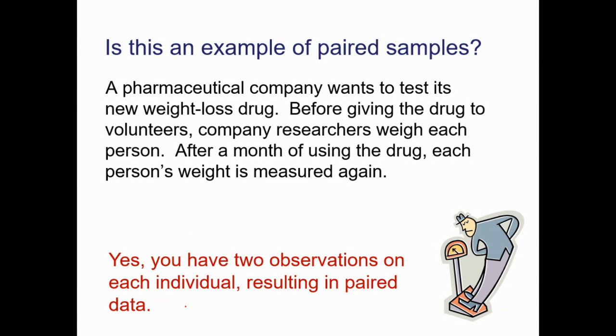They'd probably do something like before minus after, and then your variable would be the weight loss. So this is one data collection. This is another data collection. So we still have two samples here, but it's from the same person. Does that make sense? Yeah.